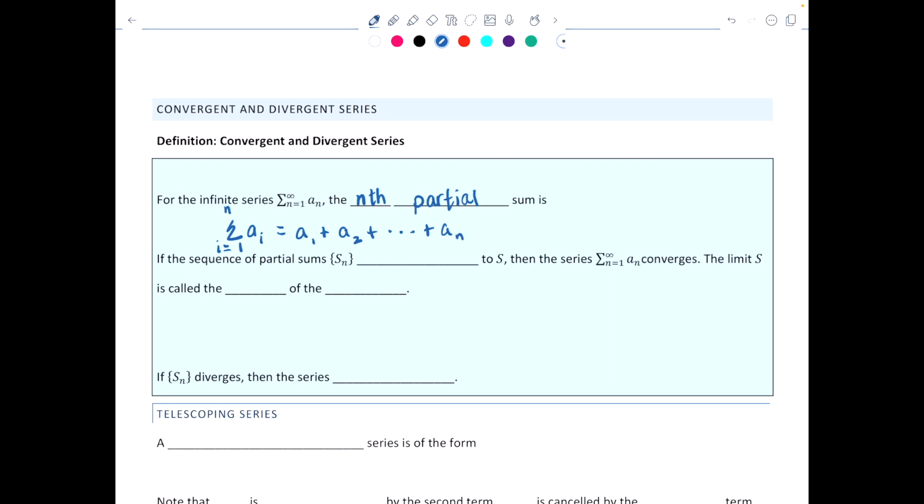And that's also denoted as capital S sub n, the nth partial sum.